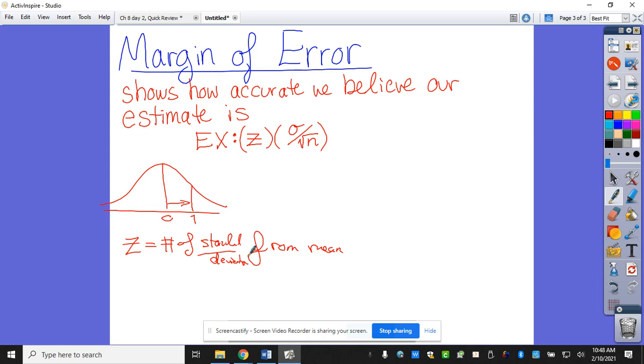We haven't talked about it like that before, but I'm making that connection from where we were to where we are. So that's just that length to the left and the length to the right. It's the number of standard deviations from the mean.